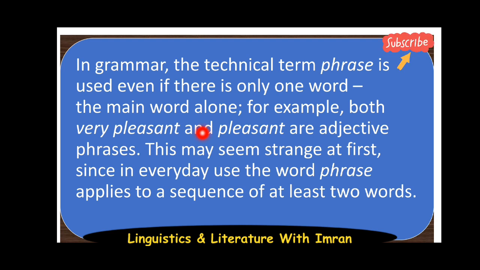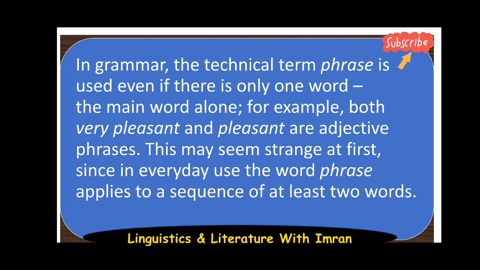The same thing is discussed here: in grammar, the technical term phrase is used even if there is only one word, the main word alone, right? What matters is the main word or the head word. For example, both "very pleasant" and "pleasant" are adjective phrases. This may seem strange at first since in everyday use the word phrase applies to a sequence of at least two words.